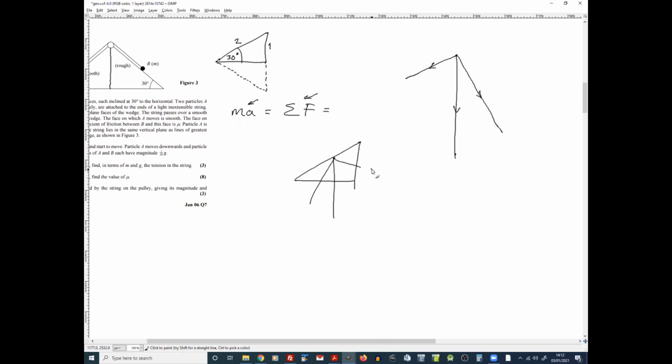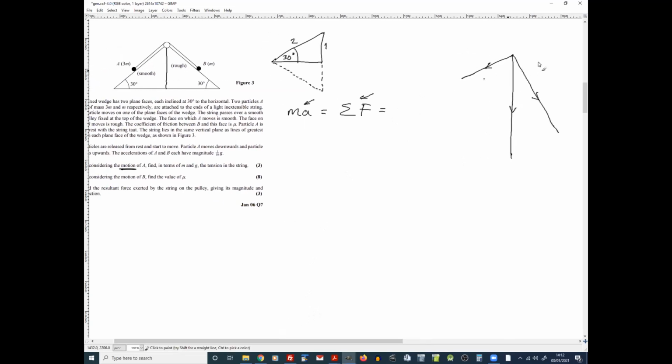You really want to try and get into the habit of thinking of resolving carefully parallel and perpendicular to the slope. So what's the actual weight? 3m times 9.8. 3mg, we'll call it for now.